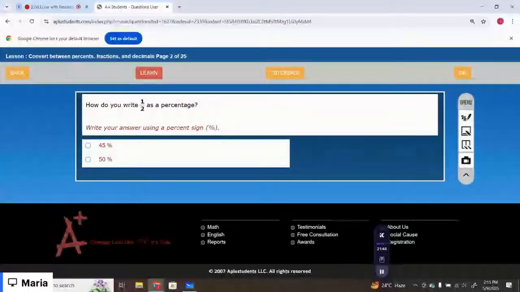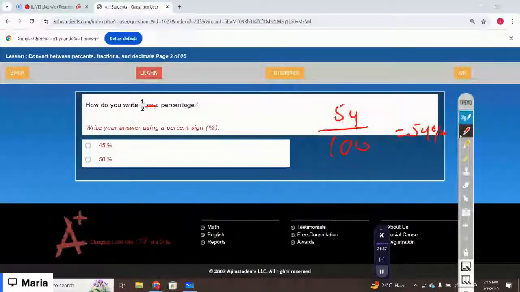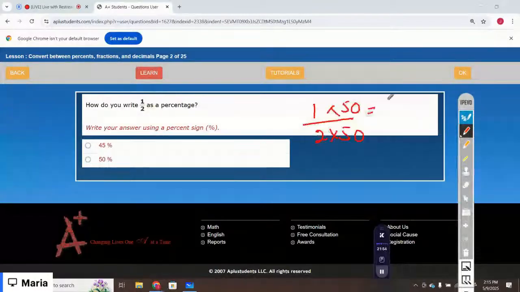How do you write 1 by 2 in percentage form? So 1 by 2, let's just make the denominator equal to 100, right? 2 times 50 is 100. So you have 1 times 50, that is 50 over 100. That equals 50%. Option number 2 is the correct option.